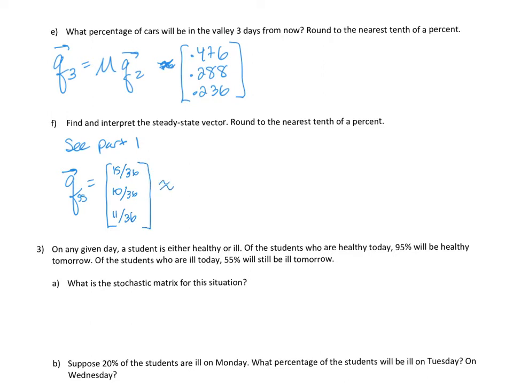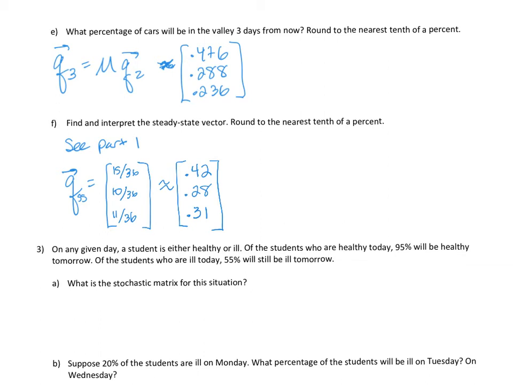That comes out to approximately, if I get decimals, 15 over 36 is 0.42. 10 over 36 is 0.28. And 11 over 36 is 0.31. If I didn't round them, they would add up to exactly 1. You know that from the fractions.